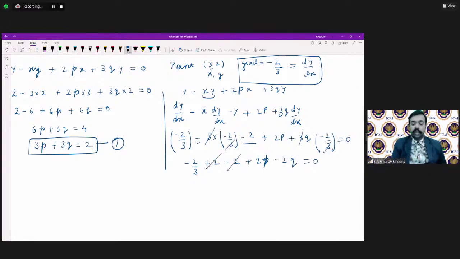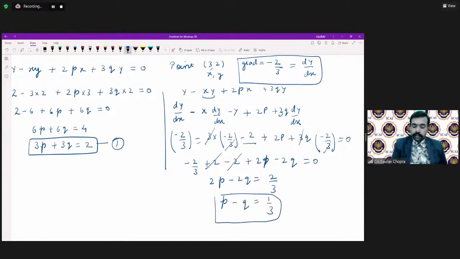This 2 and 2 again got cancelled, so we are left with 2p minus 2q is equal to 2 by 3. We can take 2 as common and cancel, so p minus q is equal to 1 by 3. This is the second equation. Now we can solve both the equations and get the values of p and q.